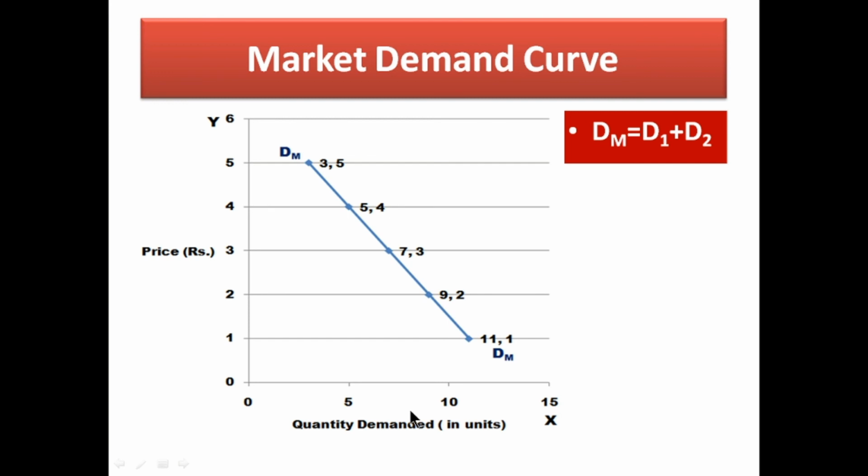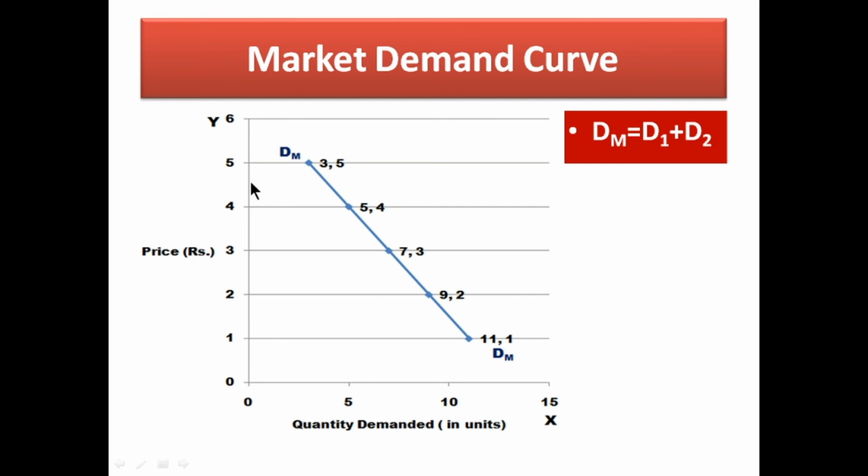Now we will plot the values of price of chocolates and quantity demanded of chocolates as per market demand schedule, which we have discussed in the previous slide. Then we will get market demand curve, which you can see here. Market demand curve is a downward sloping curve from left to right.